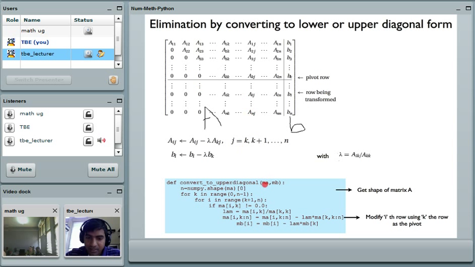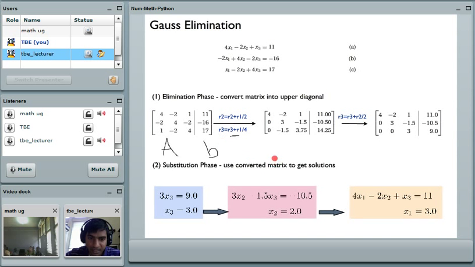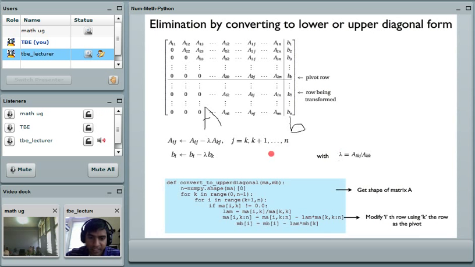I'm passing A and B to a function called convert to upper diagonal. What this does is exactly the thing I outlined here. All the operations I've been doing here are programmed to be done using the first row. It always uses the first row to do all these calculations.